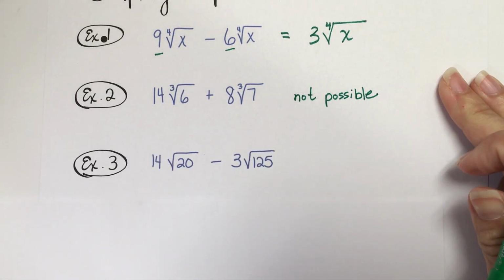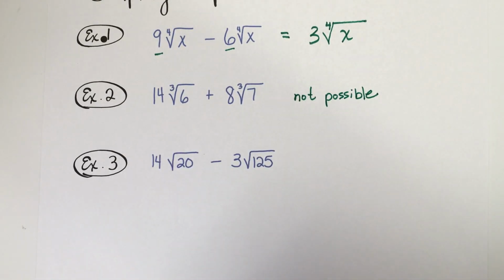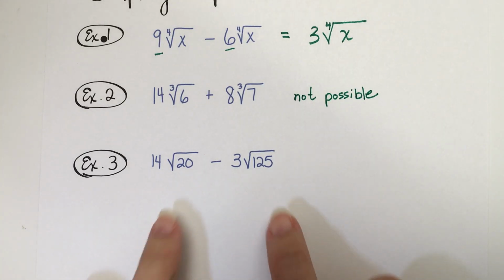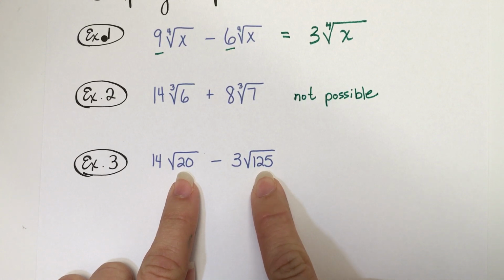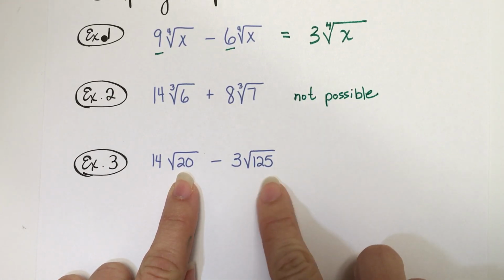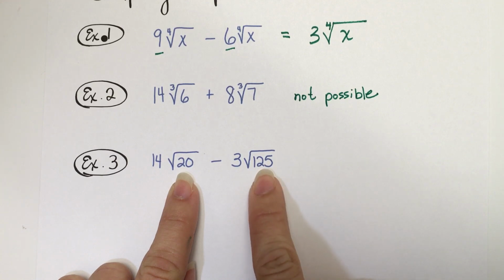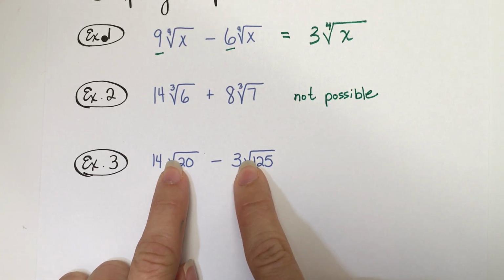Okay. Third one that you see here. Now, obviously, what you have underneath is not the same, but we're going to talk about that. This one we're going to be able to work, but we're going to do some work to it. These are both square roots. Remember, you got understood twos here.